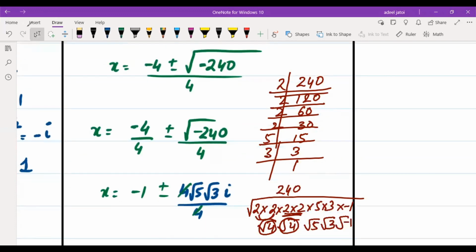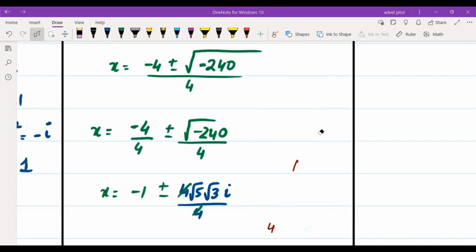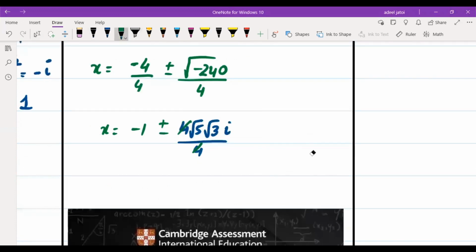So we can write x is equal to negative 1 plus minus under root 5 under root 3 iota.